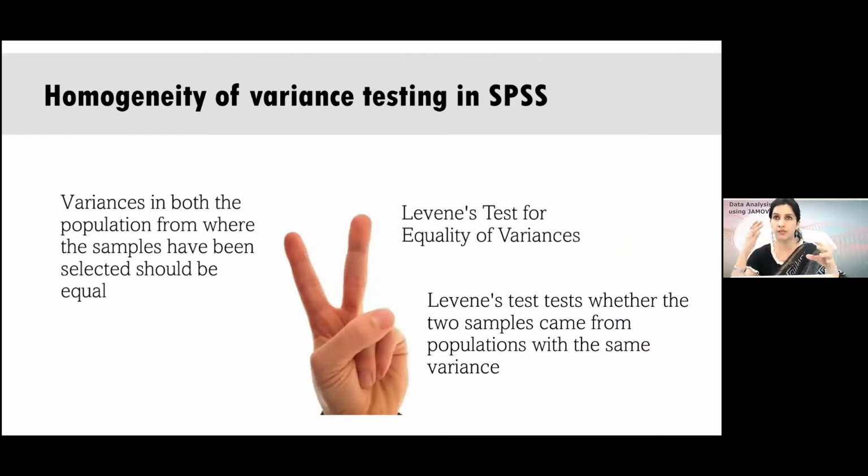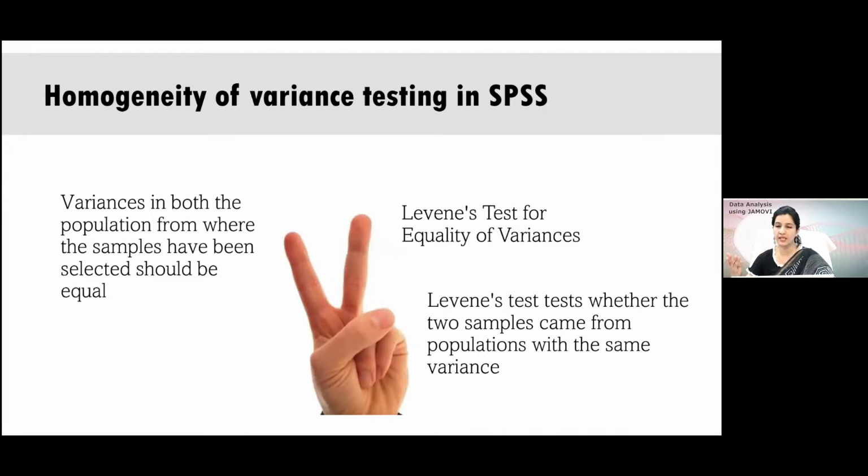So whether it is SPSS or Jamovi, we test it through Levene's test of equality of variance. And in this case also, the p-value should be like the Shapiro-Wilk. Here also, we don't want the p-value to be less than 0.05.